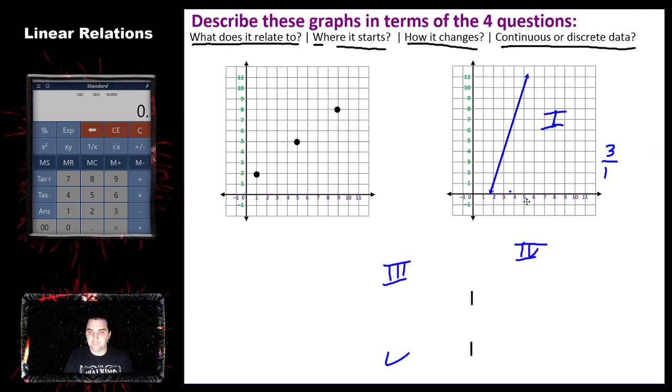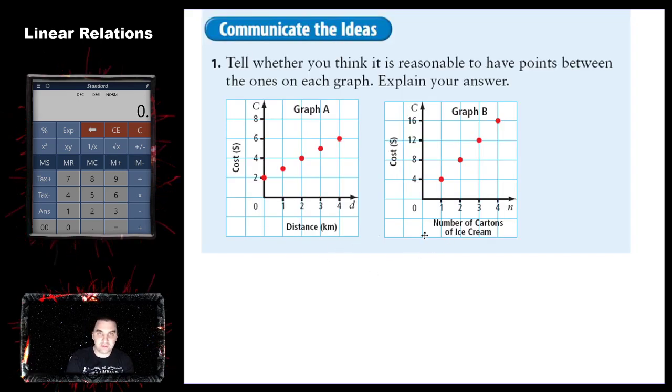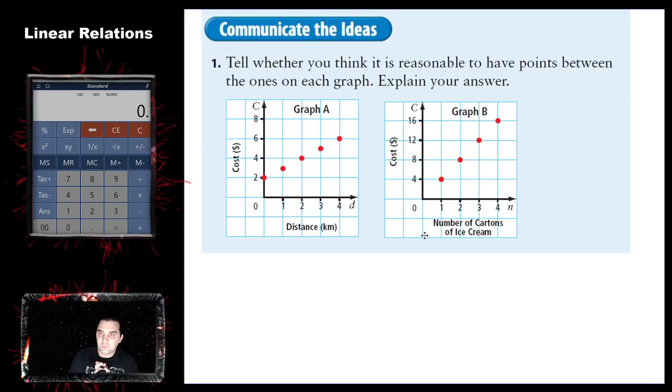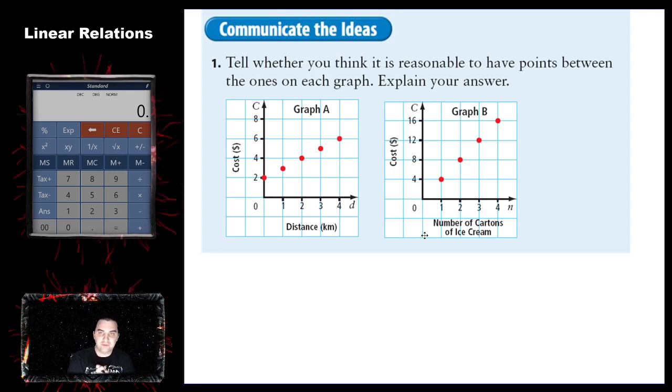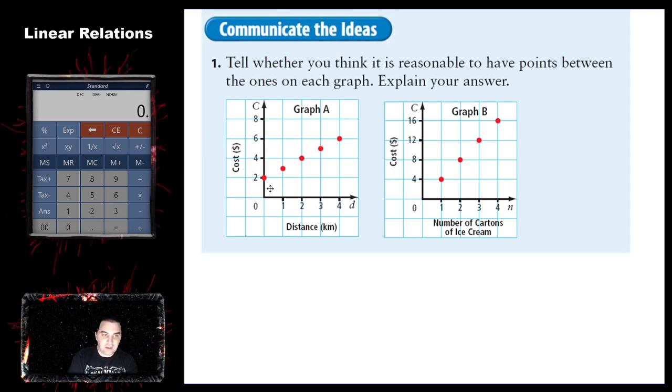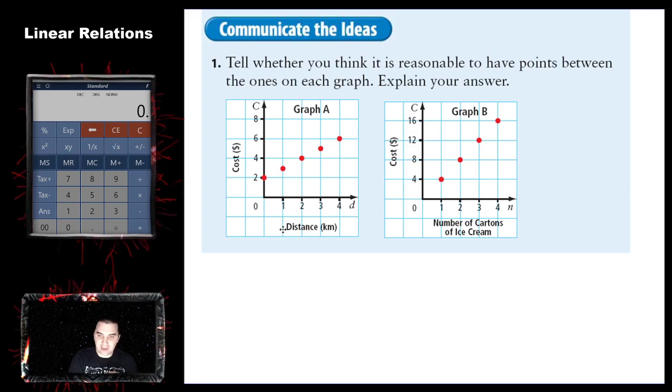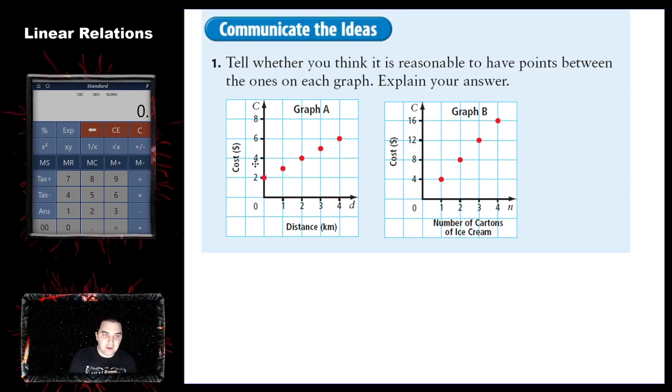Okay, now here's where you get a lot of practice. Communicate the ideas. Tell where it's reasonable to have points between the ones on each graph and explain your answer. We have cost and we have distance. So maybe it's like a delivery vehicle or a taxi or something like that. If you are in a taxi and you just travel like 1 centimeter, that's pretty close to 0 kilometers.